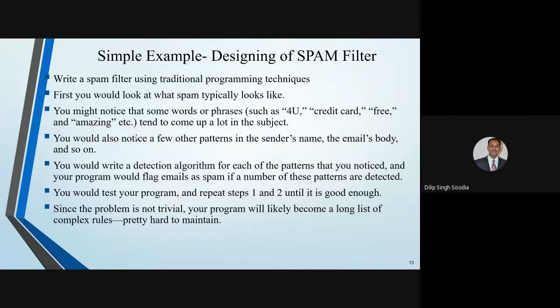We will not read such mail. In this way you will notice some patterns, and you will write a rule or detection algorithm for each of the patterns that you notice, and your program will flag an email as spam if these terms are detected within the mail.